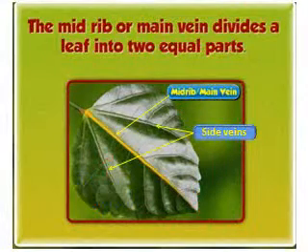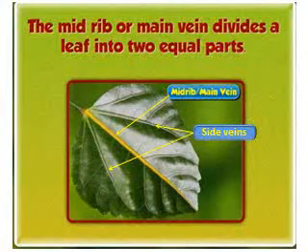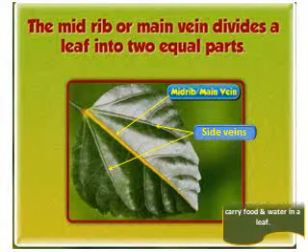Then further, in the center of the leaf, there is a midrib, or you can call it the main vein. This part, it divides a leaf into two equal parts. As you can see, in the middle, there is the midrib given, and on the sides, they are known as side veins.